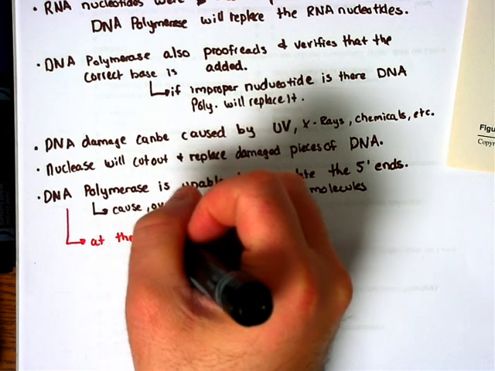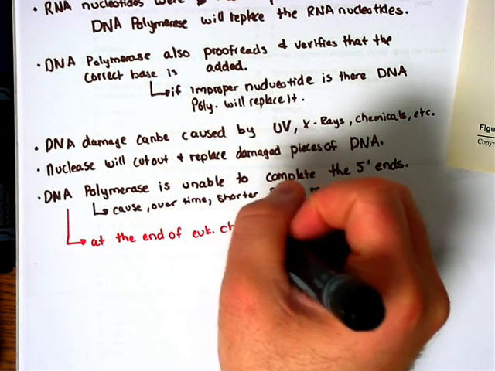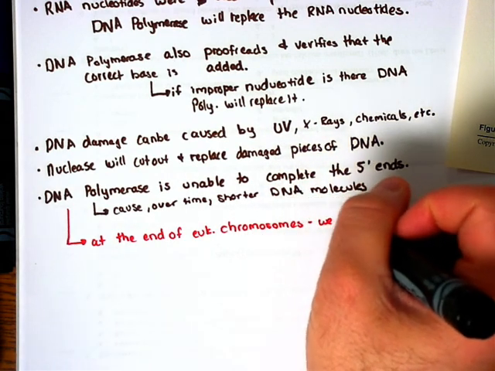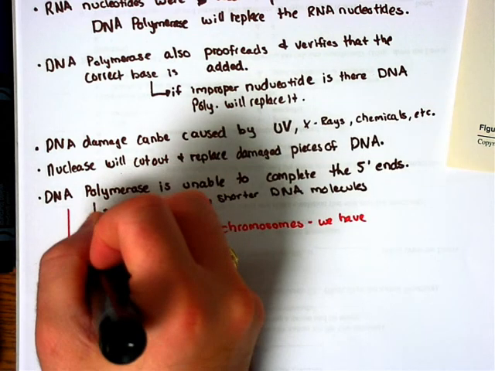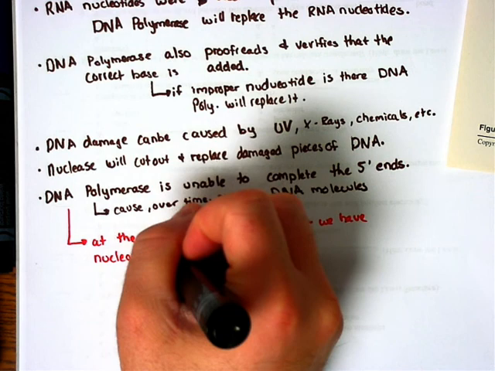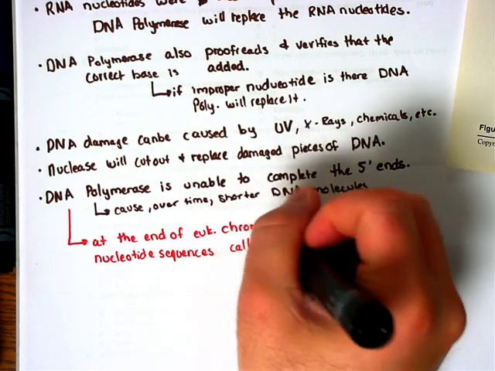At the end of eukaryotic chromosomes, we have nucleotide sequences. Of course, they're made of DNA. And they're called telomeres.